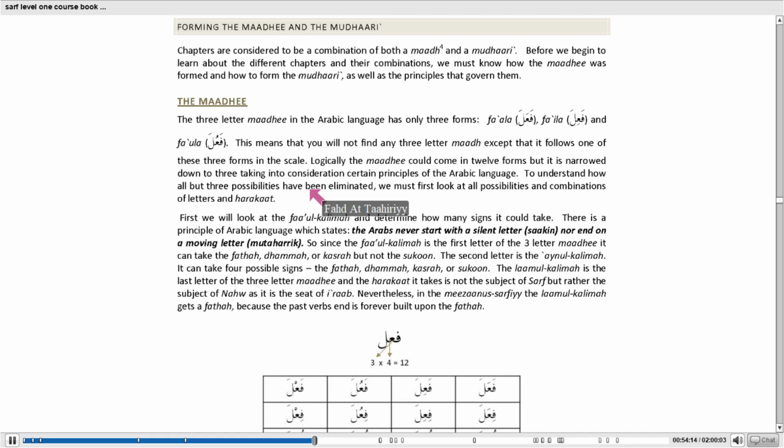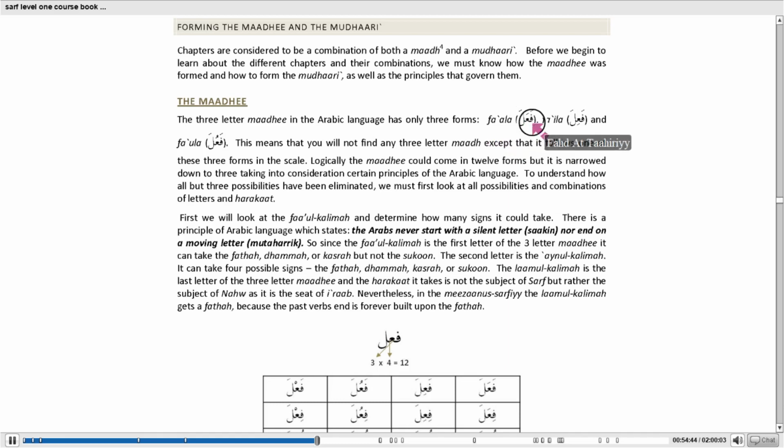So if you find a verb, barakallahu fikum, and it's a three-letter verb, it has to be one of those three. You will never find a three-letter verb which isn't one of those three.